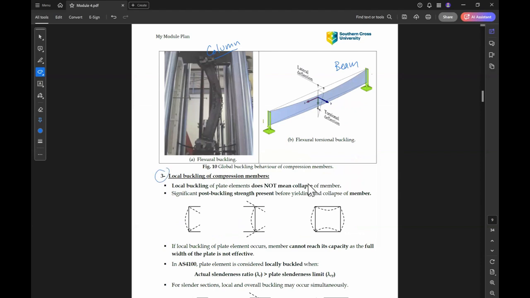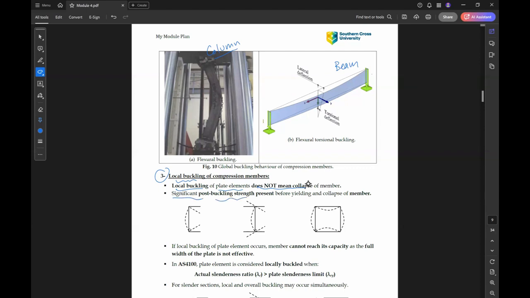The second mode of buckling is local buckling. Local means it happens at some specific location of the member. Local buckling of a plate element doesn't mean collapse of the member; it is deformation of the element at some points.